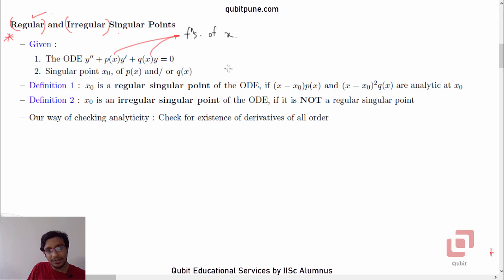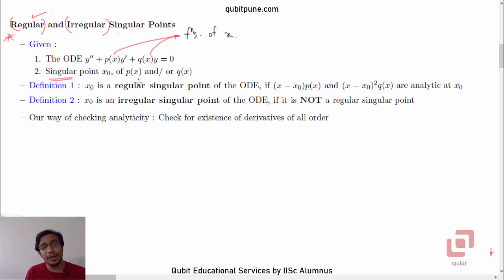Both will contain at least one term in x, because we already know how to solve linear ODEs with constant coefficients. The other thing that is given to us is a real number x naught, which is a singular point. Now this point can either be a singular point of the function p or q or both.